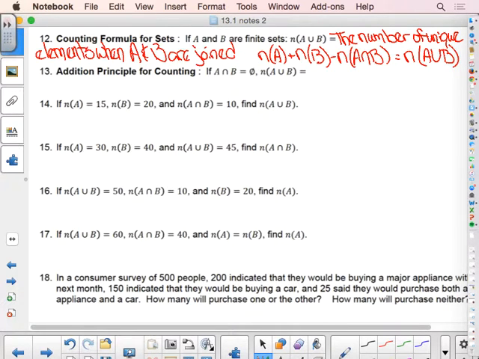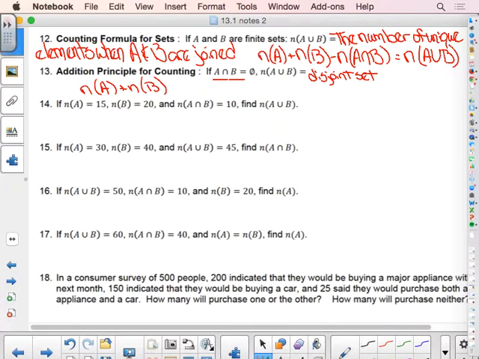If A intersect B is the empty set, then the number of elements in A joined with B is equal to the number of elements in A plus the elements in B. So if the intersection is the empty set, then the number of elements in the union is the number in A plus the number in B, because if the intersection is the empty set, there's no overlap there.